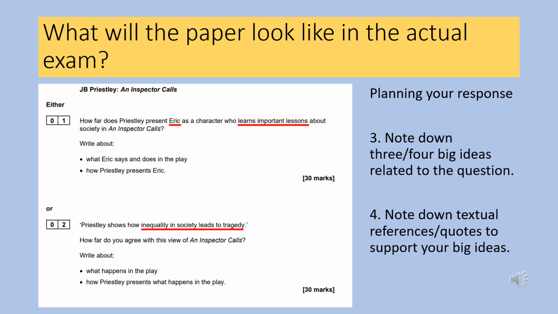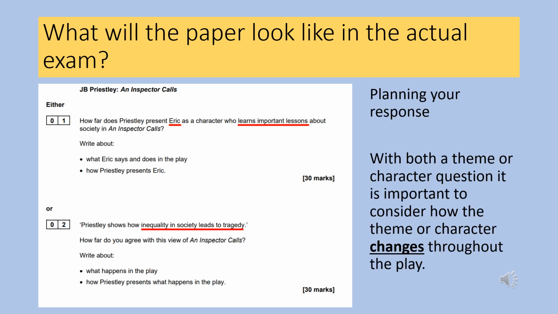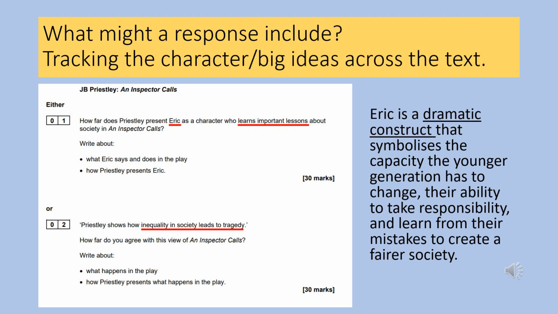It is important that you plan your response, and you might do that by noting down 3 or 4 big ideas related to the question, and note down textual references or quotes to support your big ideas. With both a theme or character question, it is important to consider and to communicate how the theme or character changes throughout the play. I'm going to share how I would approach an Eric question.